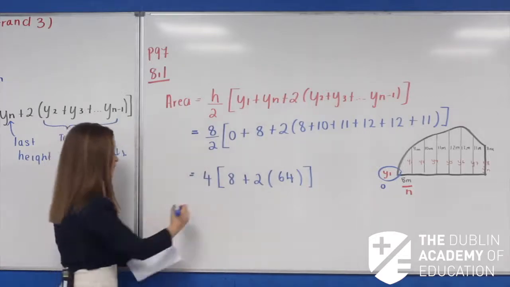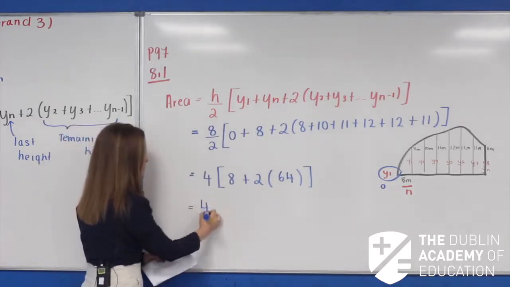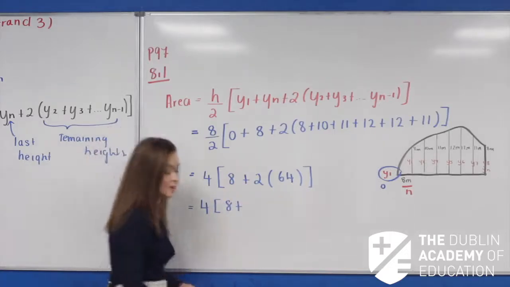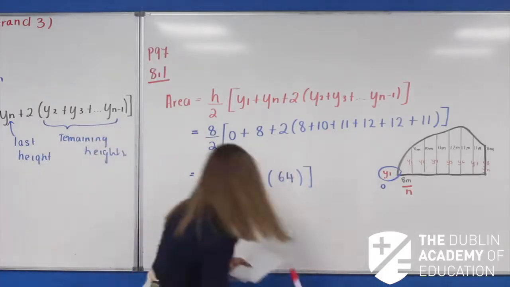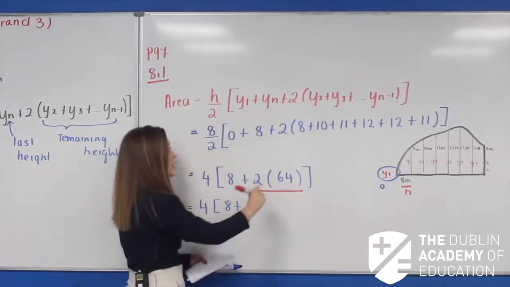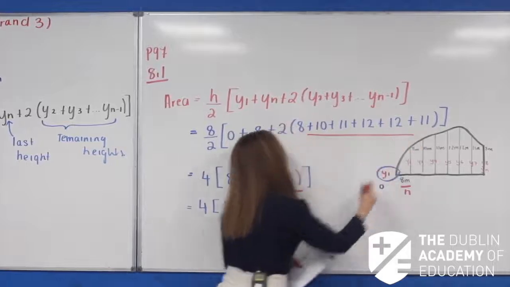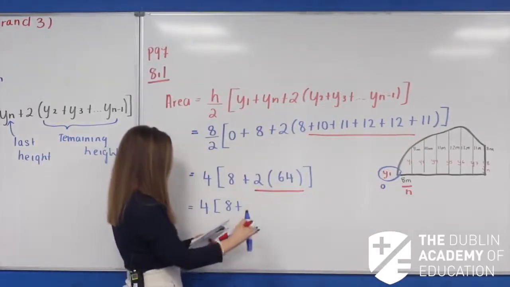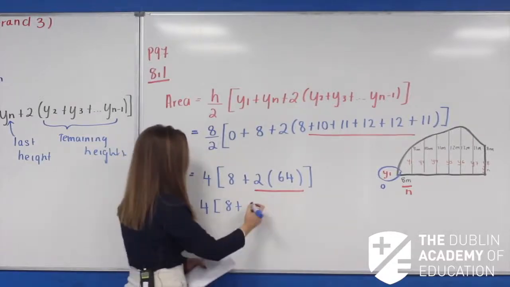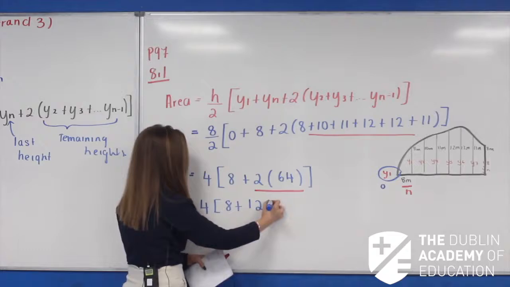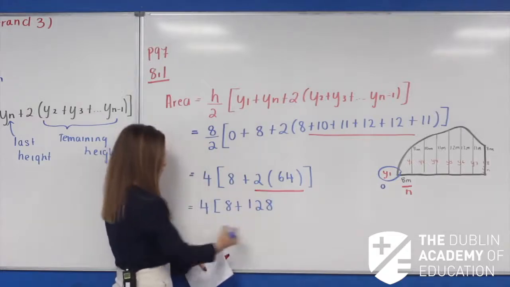Now, working from there step by step, 4 bracket 8 plus. Now, the next thing I'm going to get out is my 2 times my 64, okay? So what I did previously was just add these together, got 64. I'm going to say 2 times 64, which is going to give me 128.